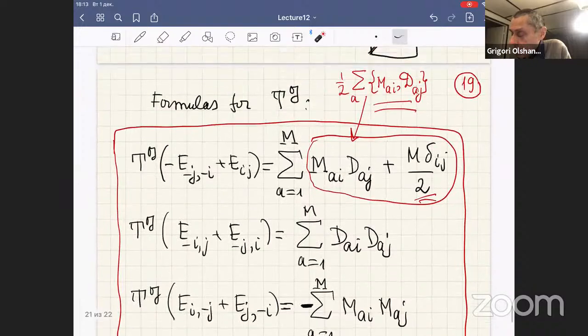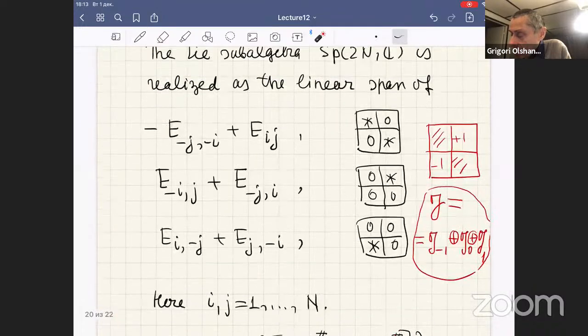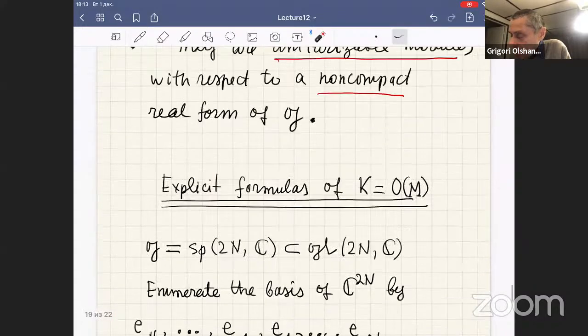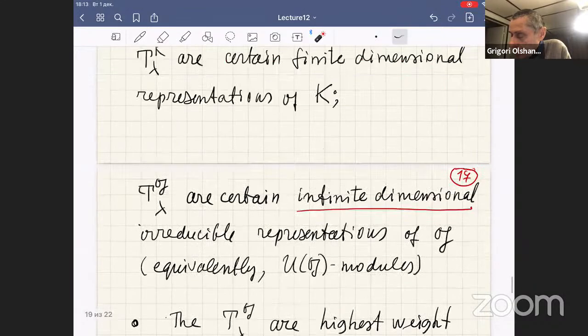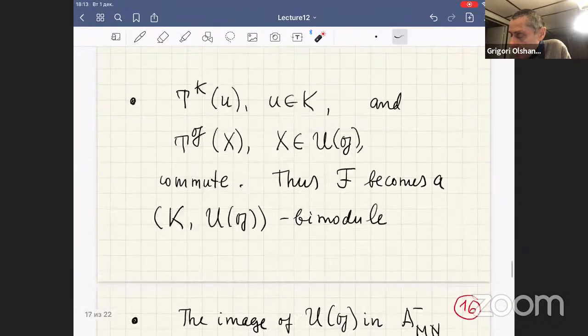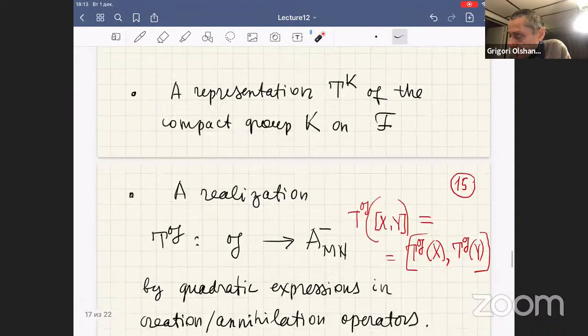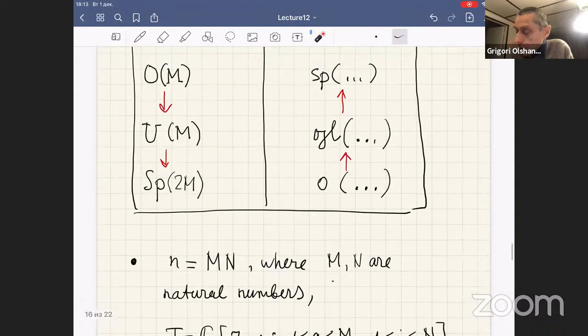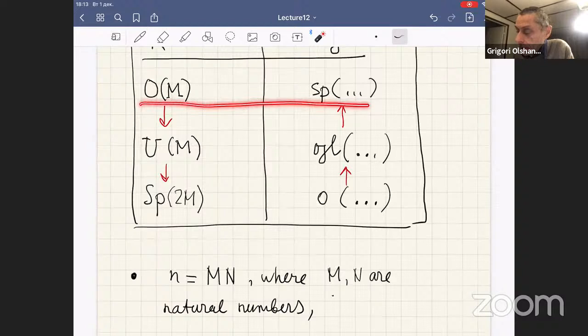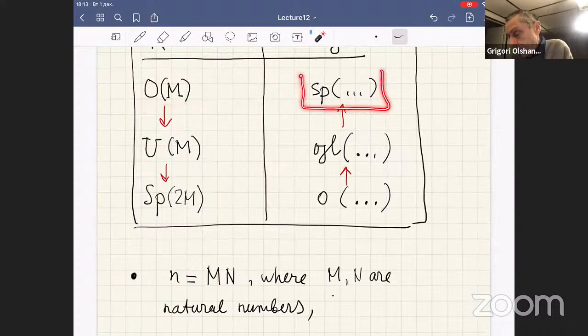And what happened next? I return to this table. So I try to explain this duality. We have a duality between the orthogonal group and some infinite dimensional representations of the symplectic group.